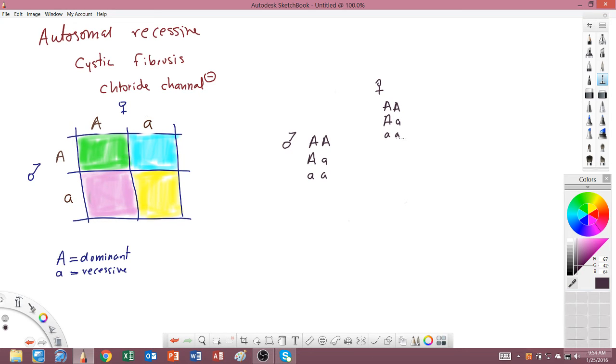So now, this man in a population can get married with 3 different possibilities. What if this man marries this female or this female or this female? What is the likelihood of them having children with disease? 0. Good.